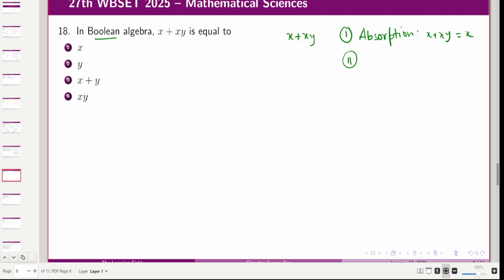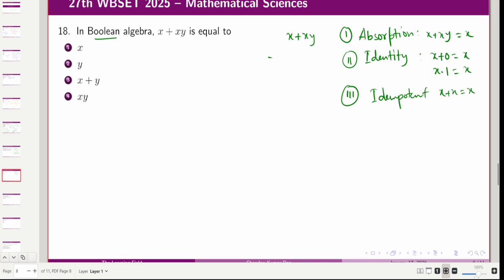Number 2 is identity. The basic formulas are x plus 0 equal to x for addition and x into 1 equal to x for multiplication, additive identity and multiplicative identity. And the third one is idempotent, which is x plus x equal to x.